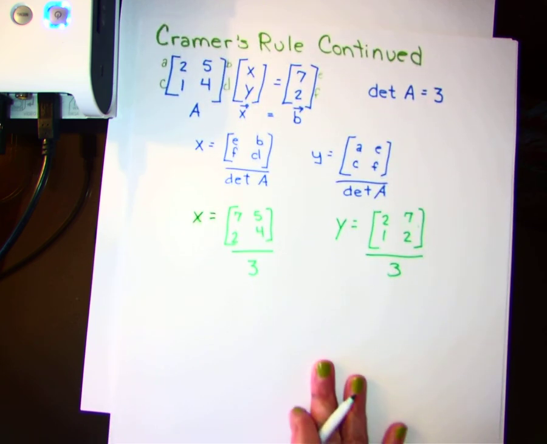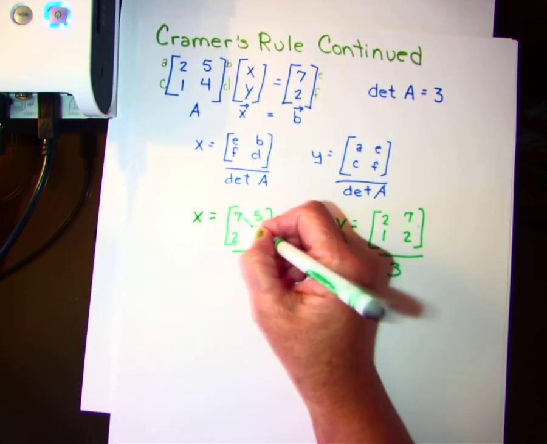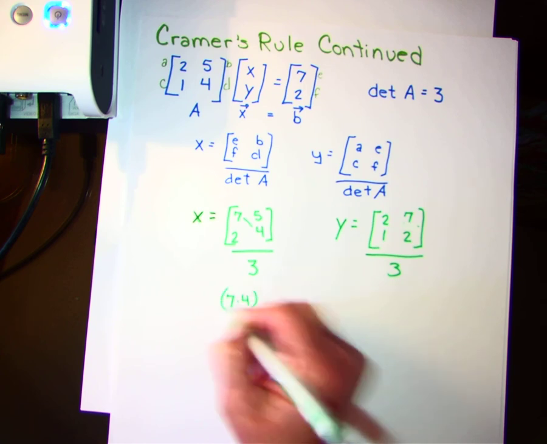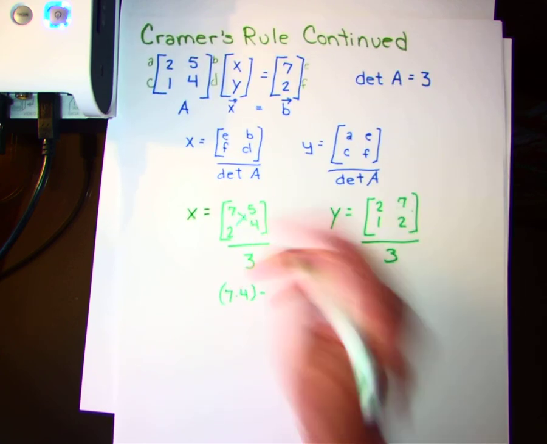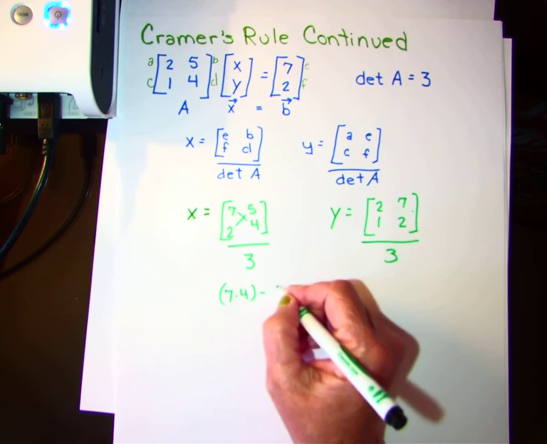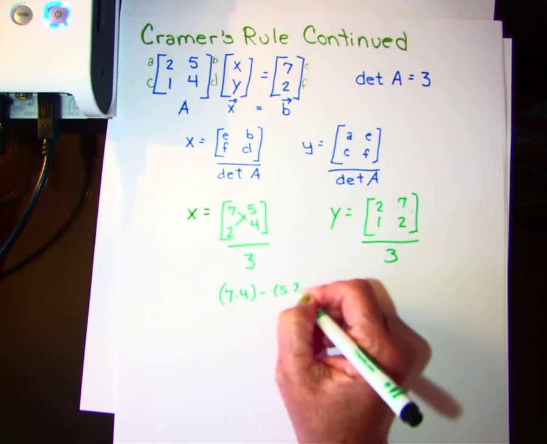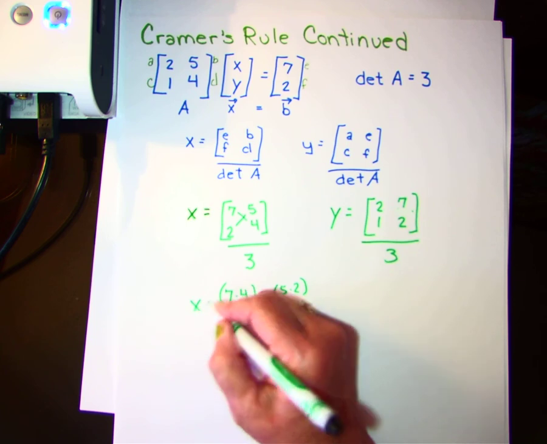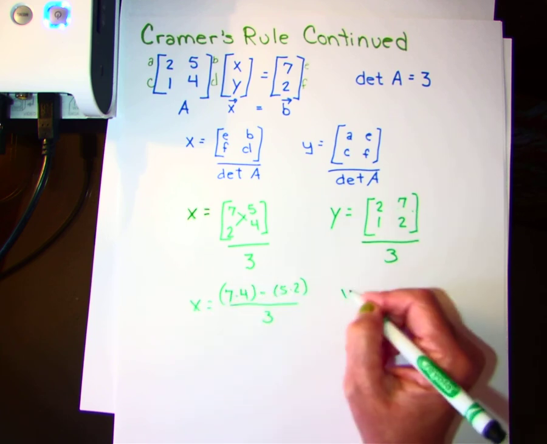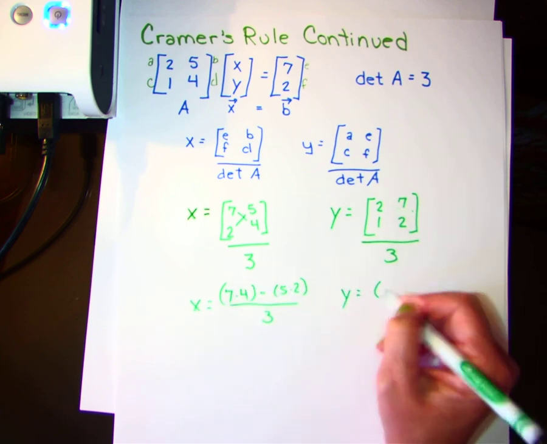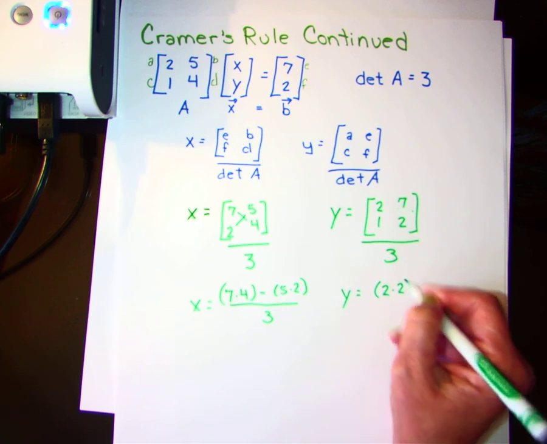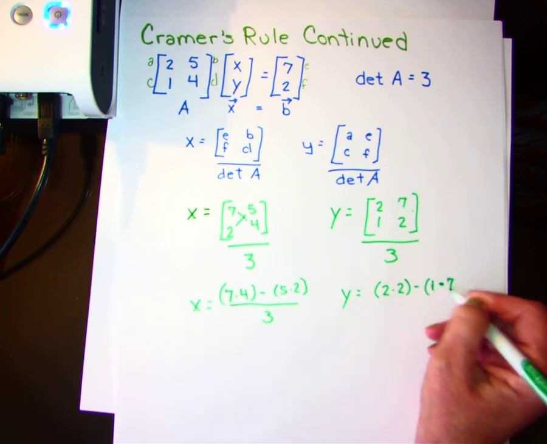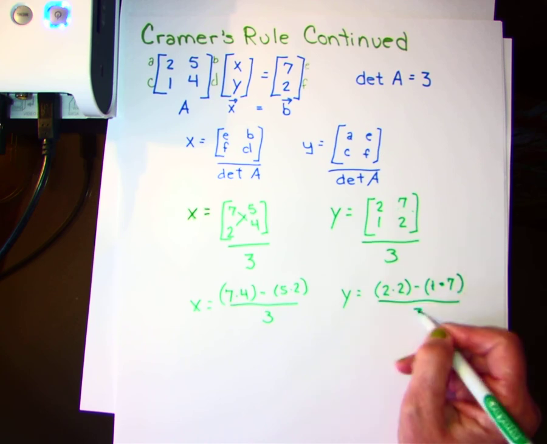So now we're going to take these two, multiply 7 times 4, subtract 5 times 2, and then divide the whole thing by 3, and that will give us x. Y is 2 times 2 minus 1 times 7, all divided by 3.